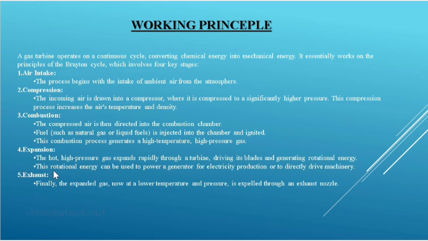This rotational energy can be used to power a generator for electricity production or to directly drive machinery. Exhaust. Finally, the expanded gas, now at a lower temperature and pressure, is expelled through an exit nozzle.